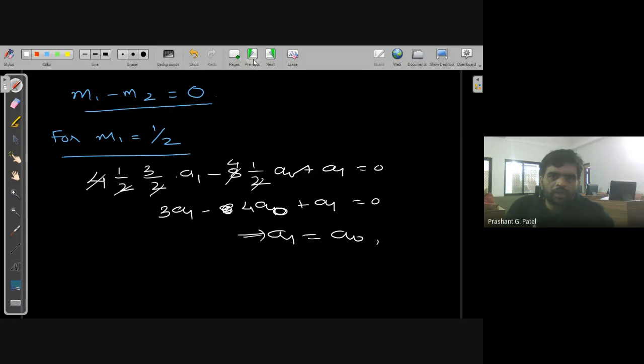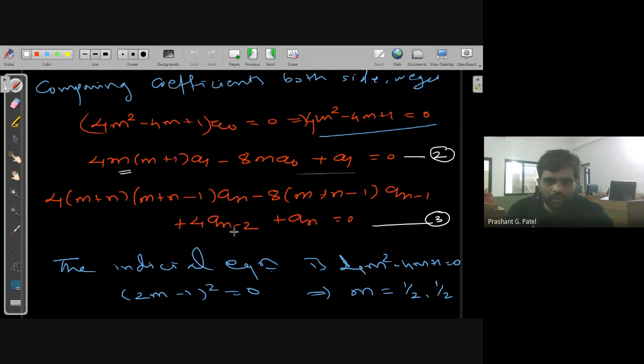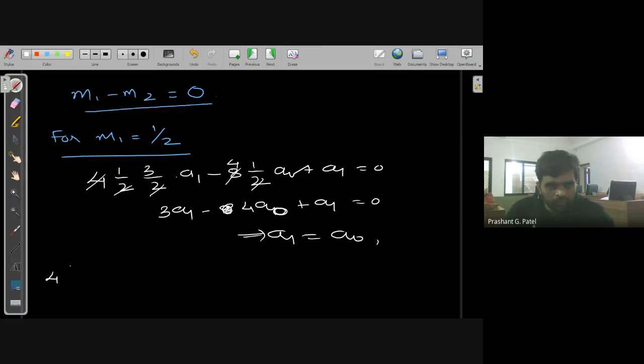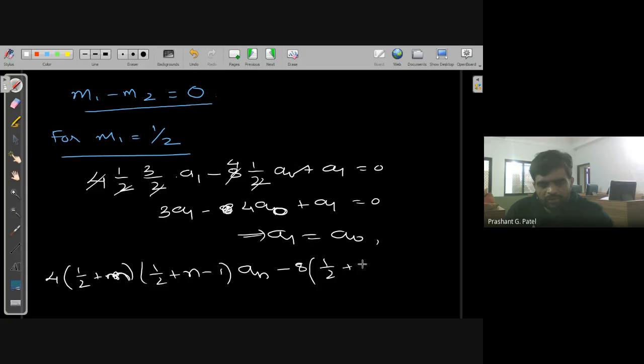And from equation number 3, if you substitute m equal to 1 by 2 there, let us see what we get. It is 4 into 1 by 2 plus n, then 1 by 2, not m, n, 1 by 2 plus n minus 1, an minus 8, 1 by 2 plus n minus 1, an minus 1, plus 4 into an minus 2 plus an equal to 0.